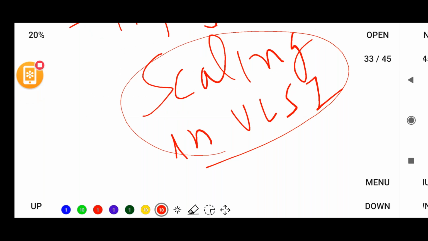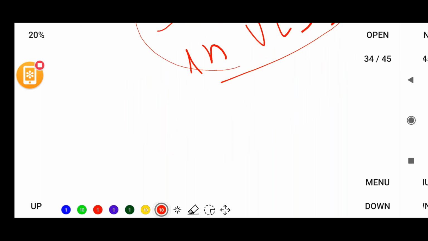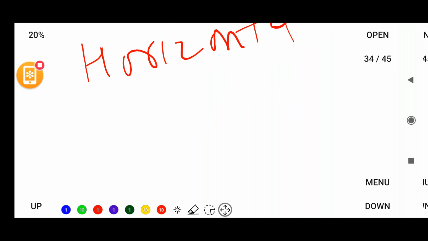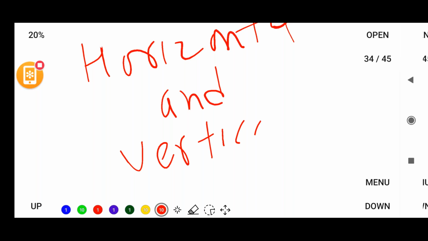Here we are reducing the transistor in both the horizontal and vertical dimensions. Not only in the horizontal, we also work in the vertical direction. If you work on the horizontal and vertical dimensions, then your effective W and L ratio is reduced.